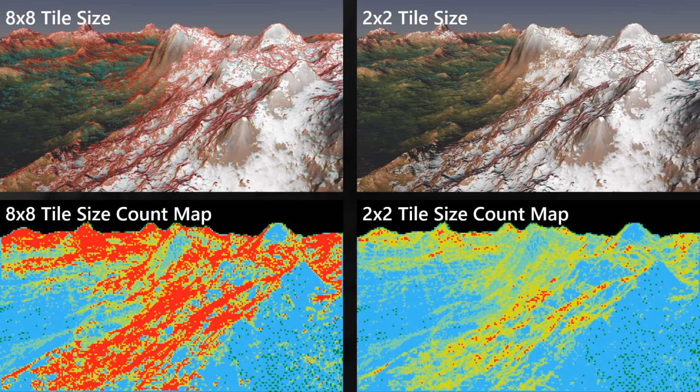This is the top left image, and the number of lighting calculations for 8x8 tile sizes in the bottom left. And here we have in the top right 2x2 tile size instead. So our shader that is determining the shading rate has had to spit out a second shading rate image at much higher resolution, one value for every 2x2 pixels. There's a slight cost to doing that.